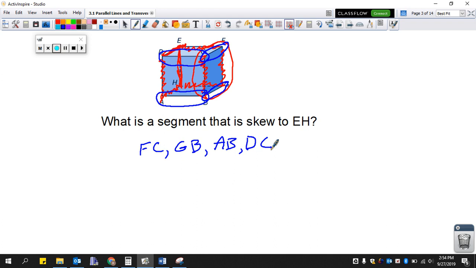Notice that my strategy for identifying the skew lines was to eliminate all the lines that were either parallel with EH or that were intersecting EH.